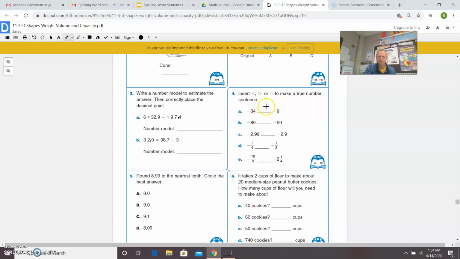Negative numbers, remember, the larger the negative, actually the smaller the number is. Okay, so we have negative 34 is less than negative 9. Okay, negative 89 is greater than negative 99.